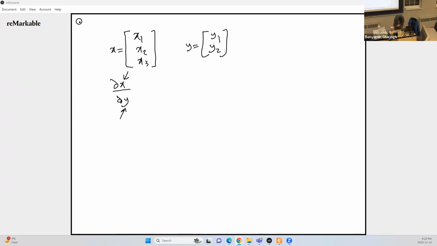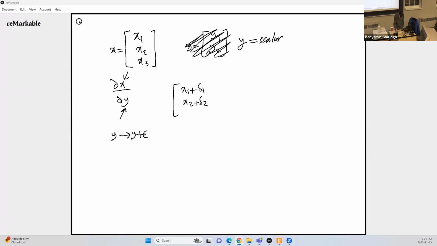Basically I need to do it element-wise. For simplicity, for now, assume y is just a scalar. Then change y a bit and see how much x1 changes.